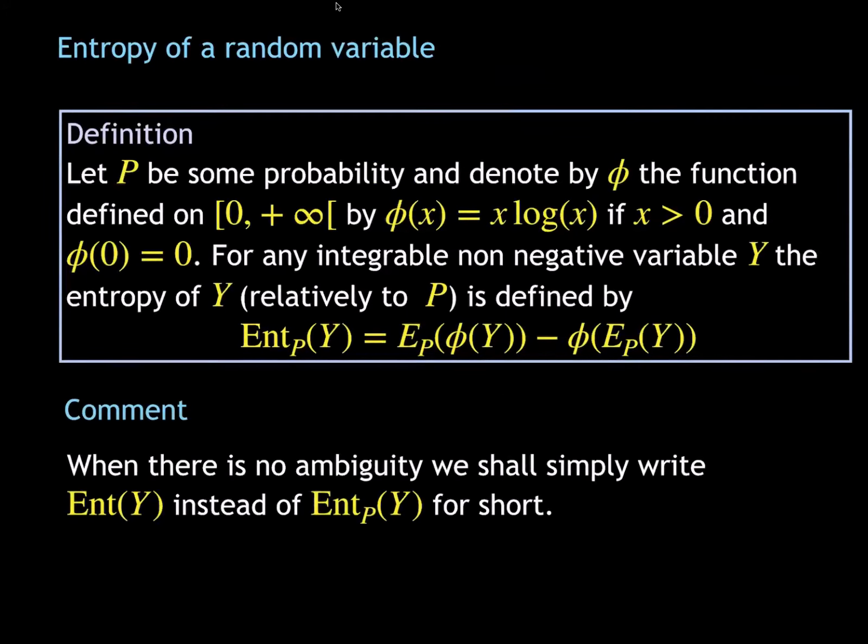And then what does the duality formula say? It says that the entropy can be computed as a sup. It's a sup of the expectation of y times log t, and t has to be taken as a non-negative integrable variable, such that either the expectation of t is equal to 1 or the expectation of t is less than 1.